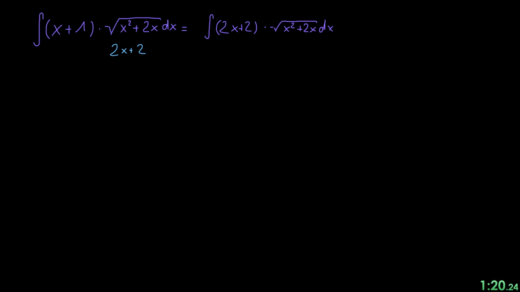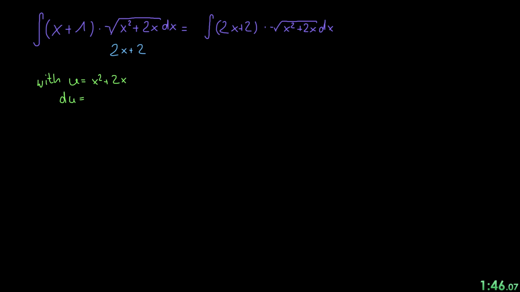I let u be equal to x squared plus 2x. And our du, because we also need to substitute the dx, will become the differentiation of that x squared plus 2x.